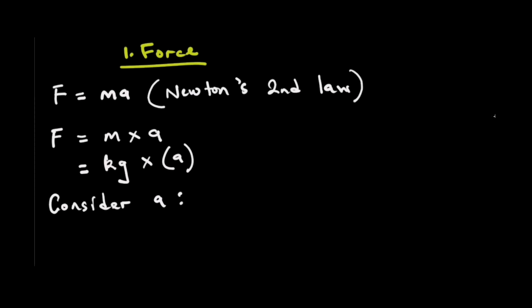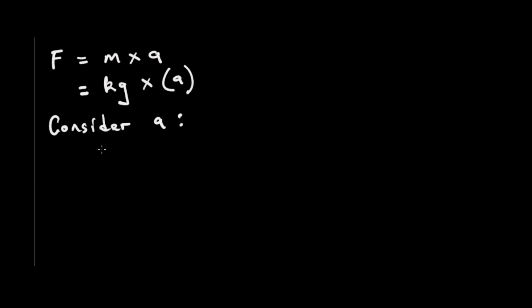So what is acceleration? We understand that acceleration is equal to change in velocity over time. This little triangle is a symbol in the Greek alphabet called delta. We use it to represent a change in. So acceleration is equal to the change in velocity divided by time.